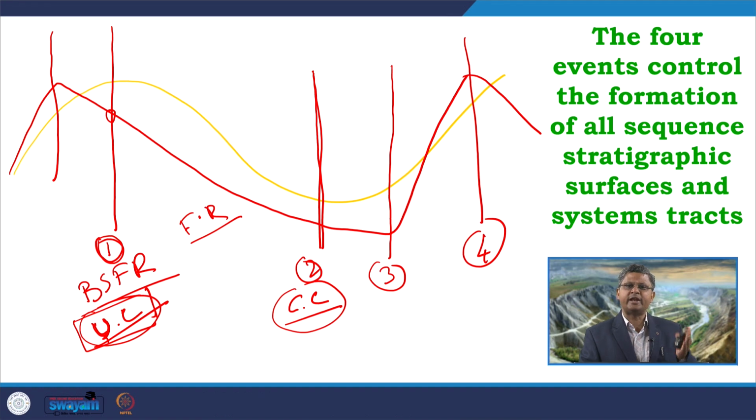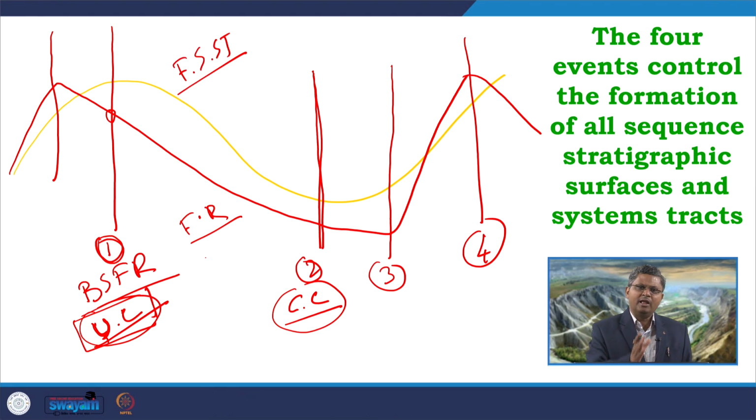So, in that case we are getting a lower bounding surface and an upper bounding surface, and within that we are getting a succession of strata, and when that package is formed and preserved irrespective of erosion, we commonly call that strata one system tract, because this is forming during a forced regressive phase, during one phase of shoreline shift. So, that particular package of strata is commonly called the falling stage system tract, FSST.